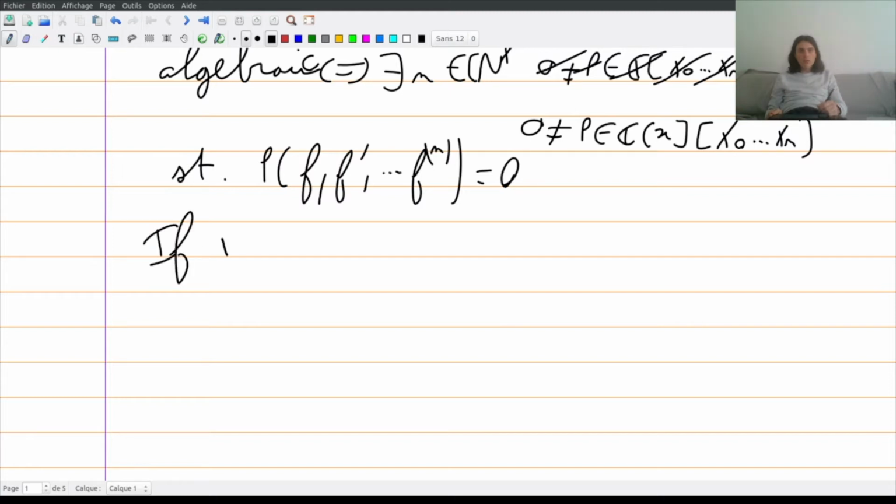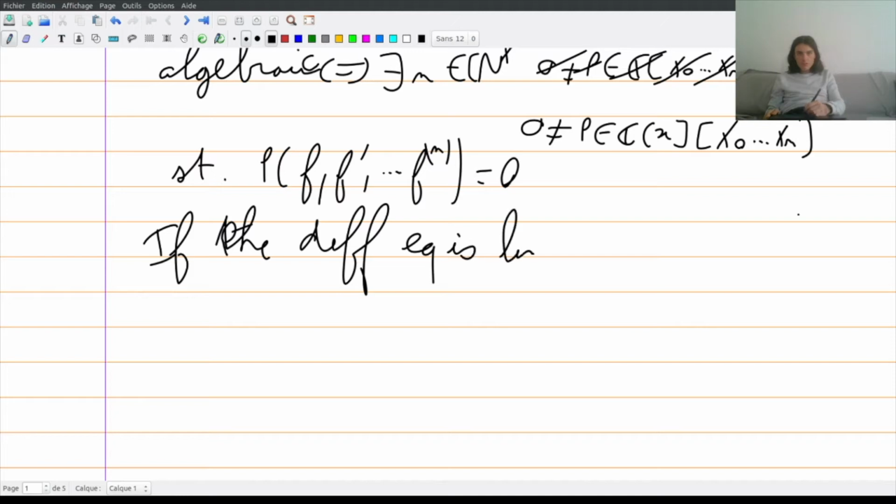And if the differential equation is linear, we say that f is holonomic.